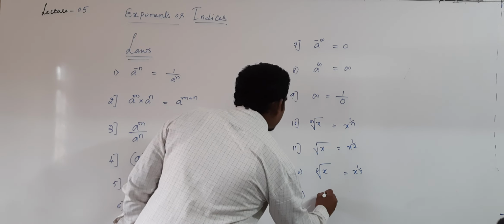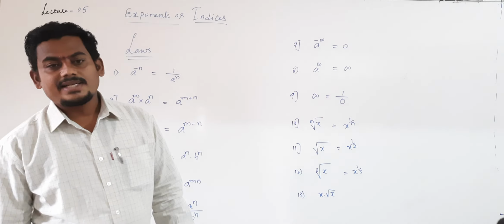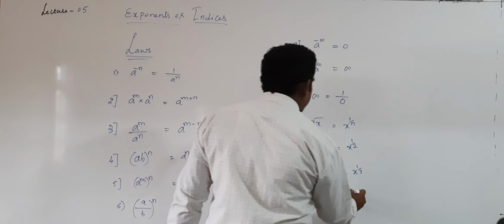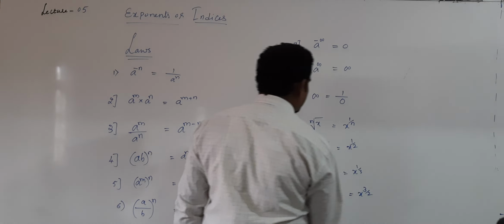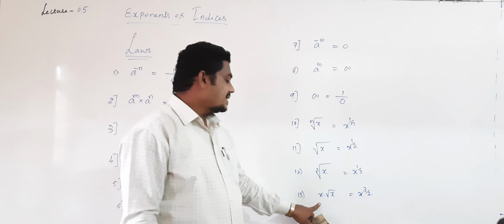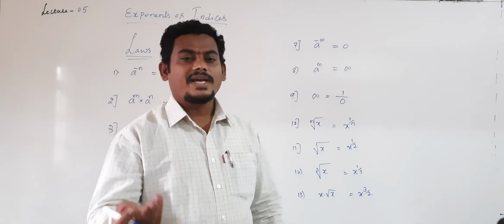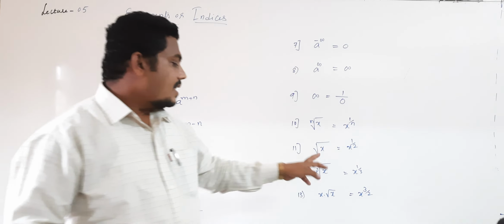Next, x into root x. What is x into root x? X into root x is x power 3 by 2. Just remember this as a formula. Root x is nothing but x power 1 by 2.